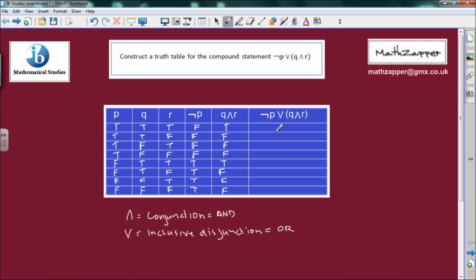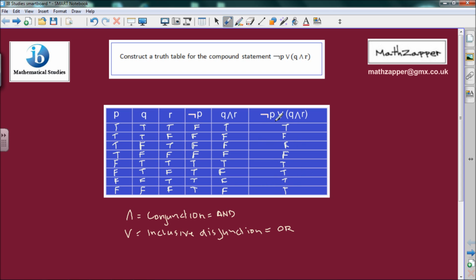If two of them are true, we also write true. If two of them are false, we must write false. So false, true, we write true. False, false, false. True, true; true and false, so there's one true; true and false, true.